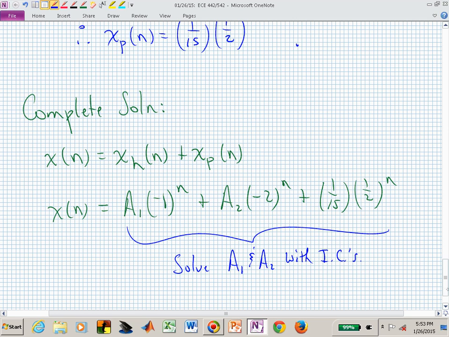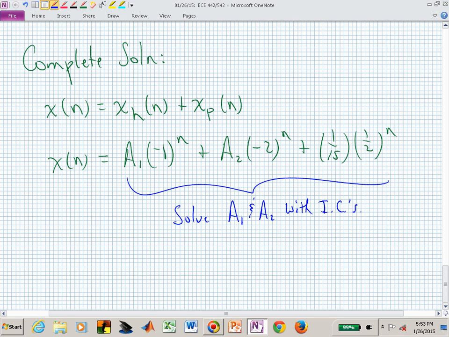We might have two initial conditions. That would give us two equations and two unknowns. Our unknowns are a1 and a2.